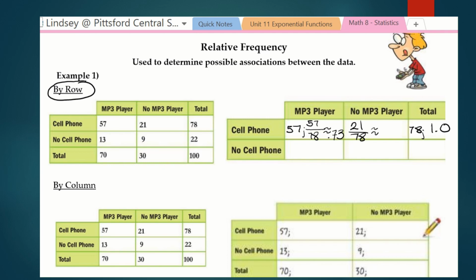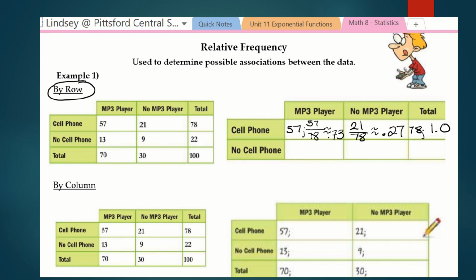And again, rounding to the nearest hundredth, I get 0.27. So that's the same thing as saying 0.27 out of the total number of kids who own a cell phone and no MP3 player. You can also look at it as 27% of all of the kids that own a cell phone don't own an MP3 player as well.